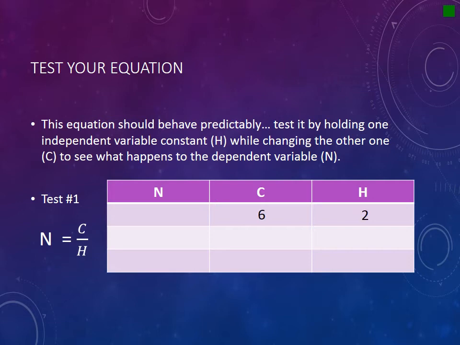If I give out 6 pieces of candy for the 2 pieces of homework, we should expect to get 3 niceness on our teacher scale. If I double the amount of candy, then we should double the niceness. And if I give you 1/3 the candy and the homework remains the same, then we should also expect to have 1/3 the amount of niceness. So that's one way to test our equation.